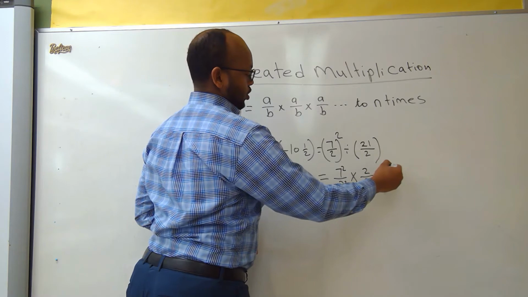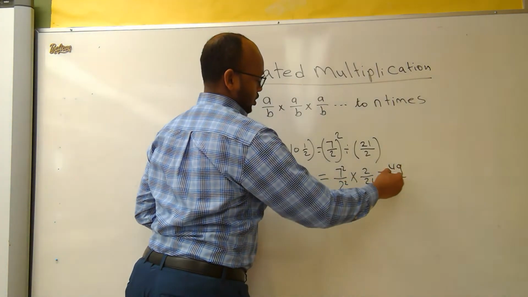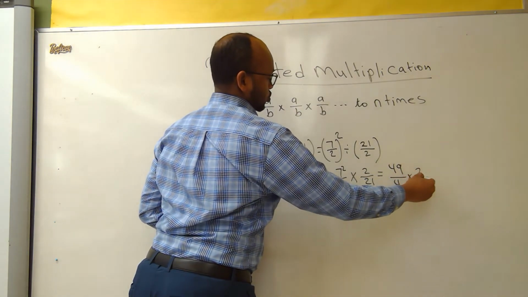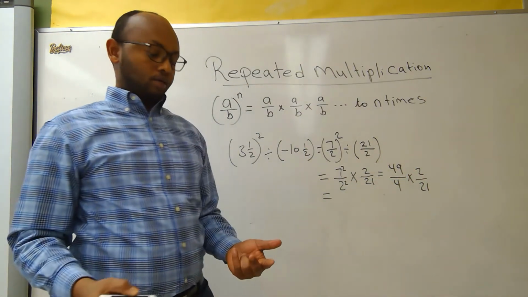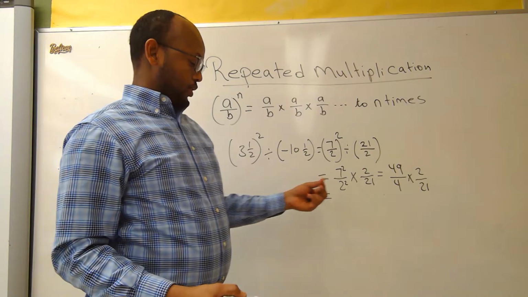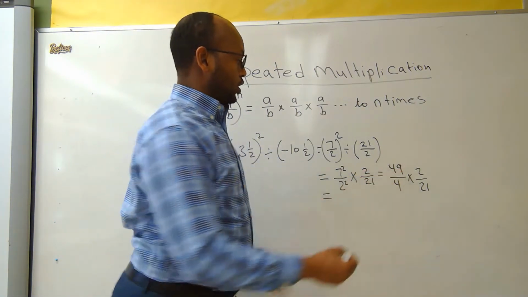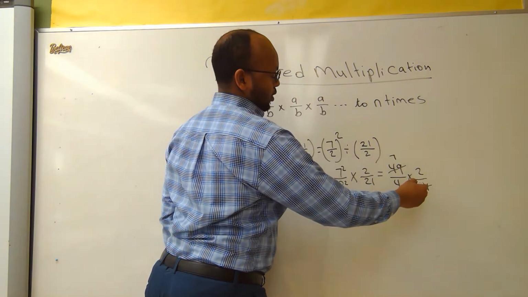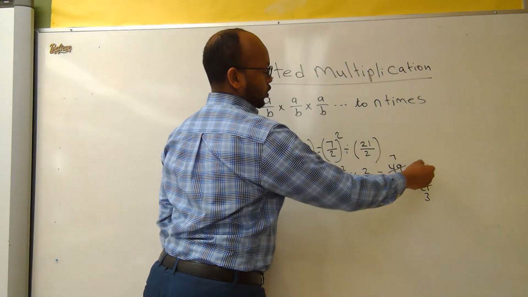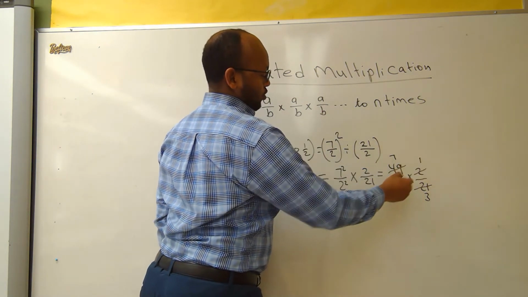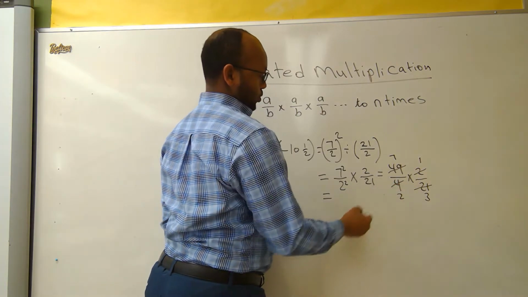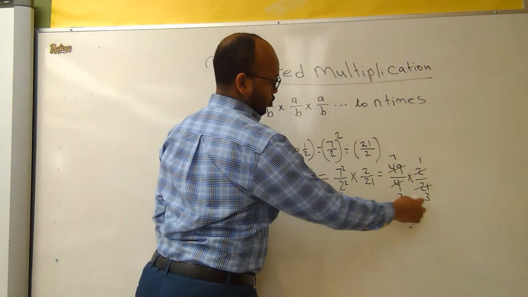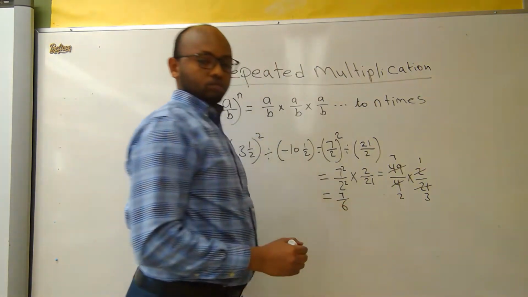We can say 7 squared is 49, because 7 times 7, and 2 squared is 4, times 2 over 21. We can simplify to get the best answer. 49 we can divide by 7 is 7. We can divide by 7 here, it will be 3. 2 we can divide by 2 is 1, and 4 we can divide by 2 is 2. The last answer is 7 times 1, which is 7, over 2 times 3, which is 6.